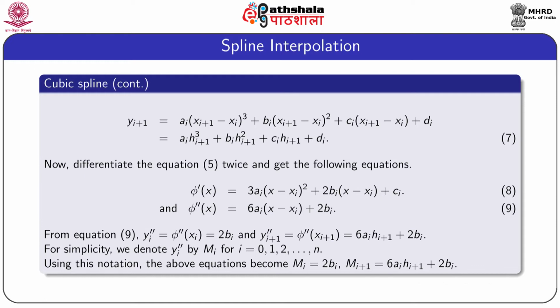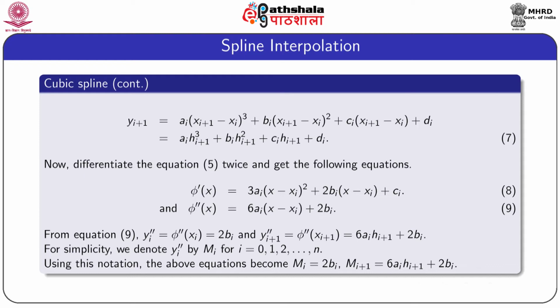When x equals x_i, the first term of equation 9 becomes 0, that is why this expression is nothing but 2 b_i. Similarly, when x equals x_i+1, then the second derivative of y at x_i+1 equals the second derivative of phi at x_i+1, and this is equal to 6 a_i h_i+1 plus 2 b_i.